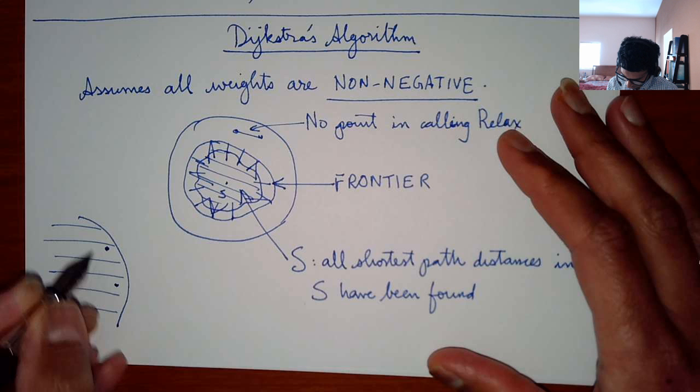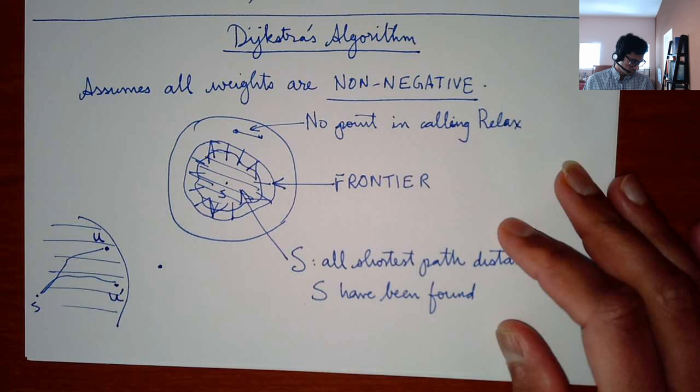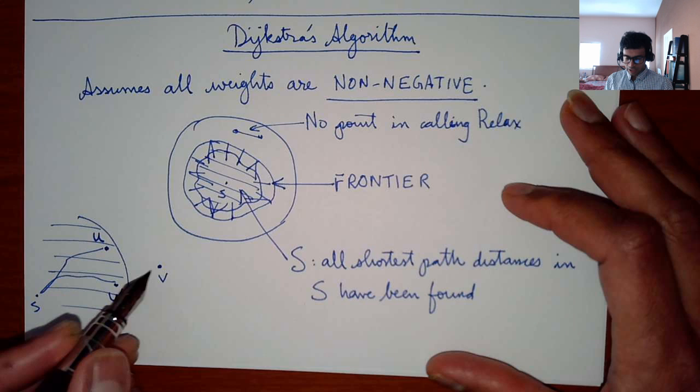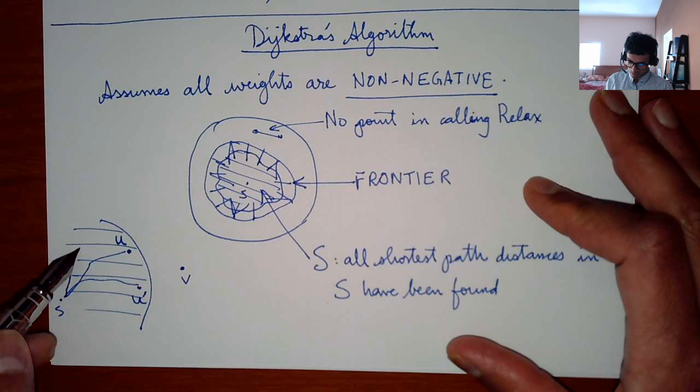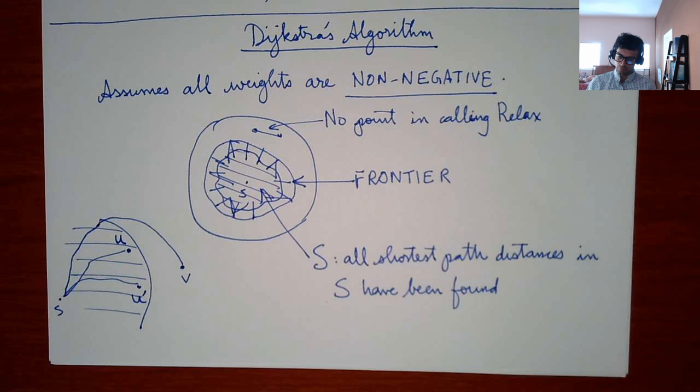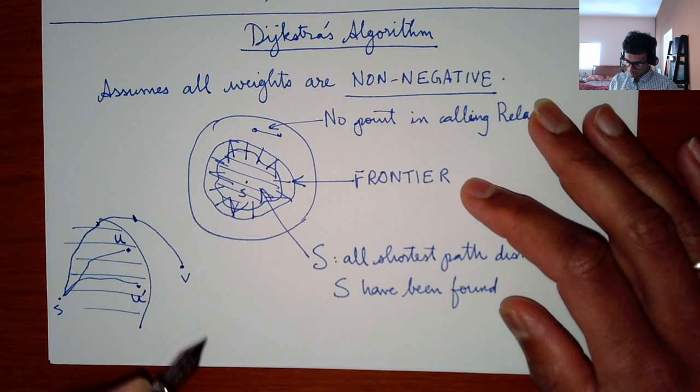Now let's look at some vertex outside. Let's look at V over here. Now the claim is any shortest path to V has to go from within S and then somehow get to V. Which means if something like this happens, then let's look at the first edge that leaves the frontier on this path.